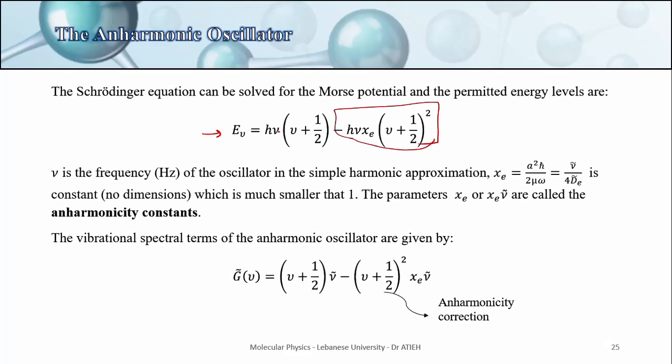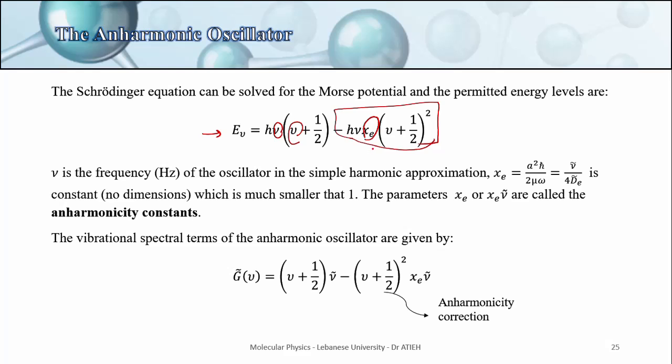Again, I will remind you, this nu is the frequency of the oscillator, the frequency of the vibration of the bond. Nu, for sure, is 0, 1, etc. Xe is a constant with no dimensions. Xe is usually small, much smaller than 1.